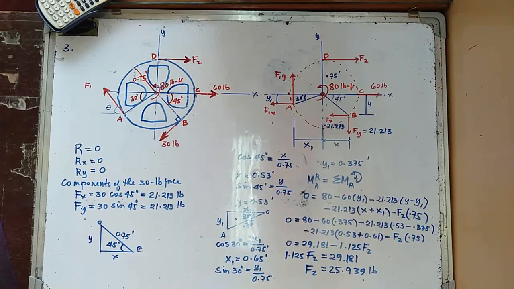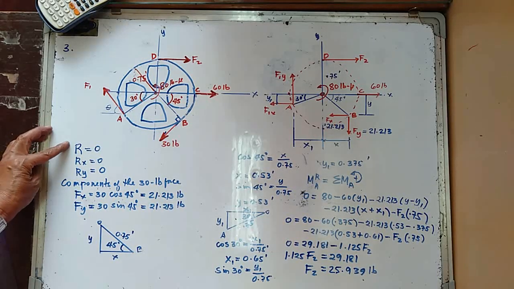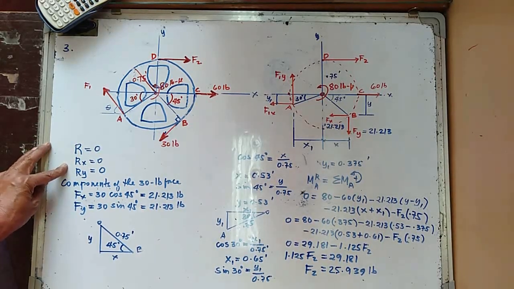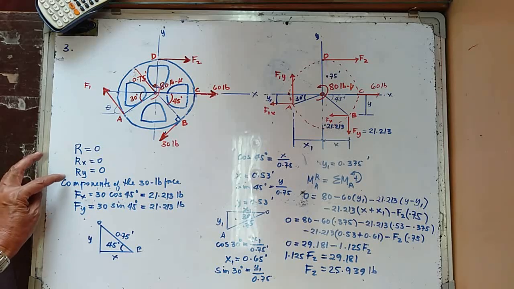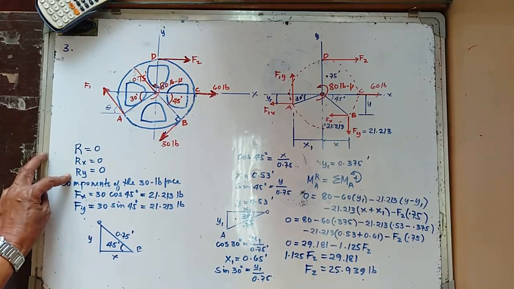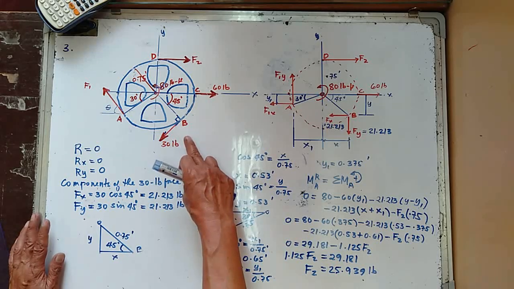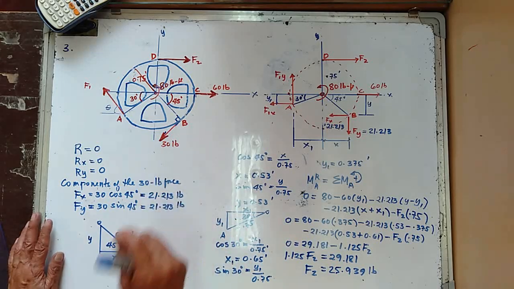Since the resultant force is equal to 0, then Rx is equal to 0 and Ry is equal to 0. Let us now determine the components of the 30-pound force.